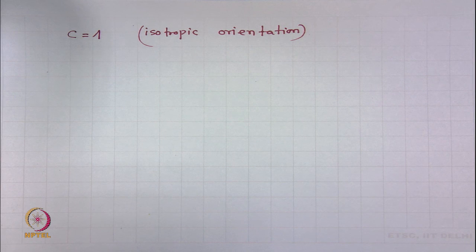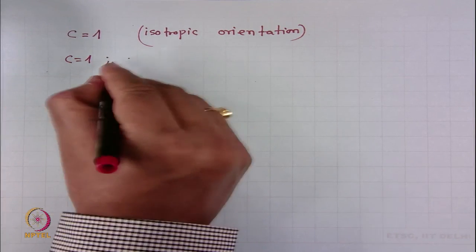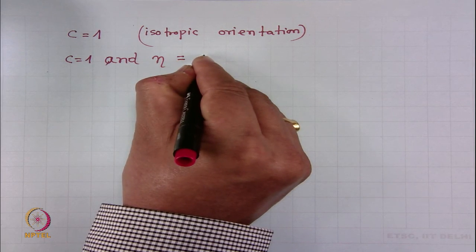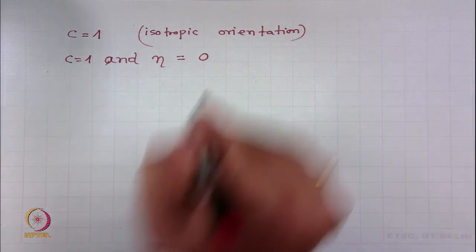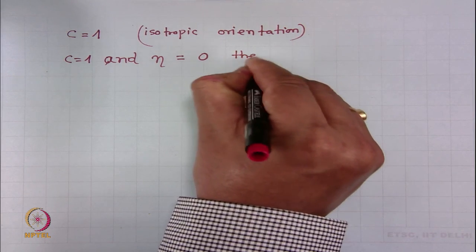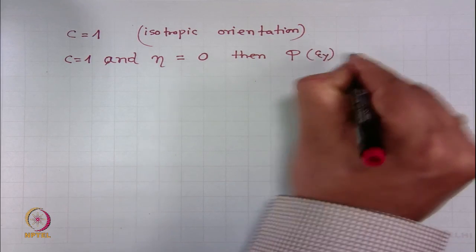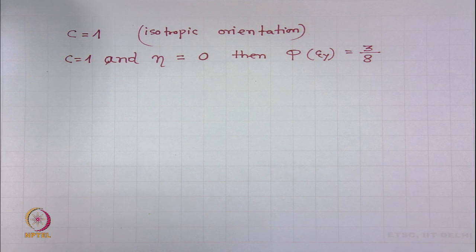If C is equal to 1 and eta is equal to 0, then you can find it out will be equal to 3 by 8, right.